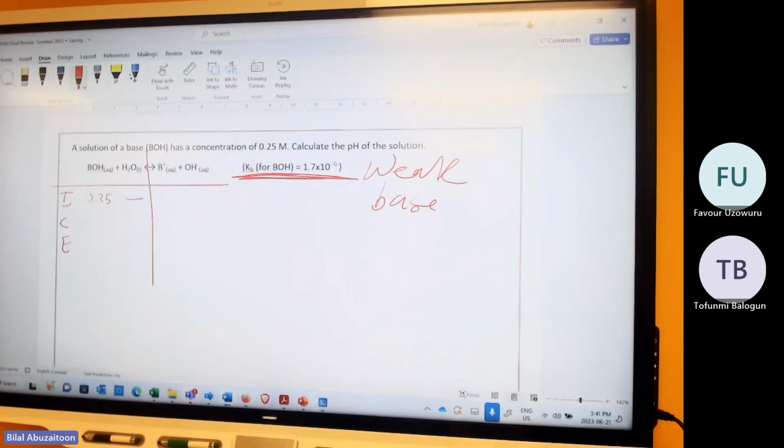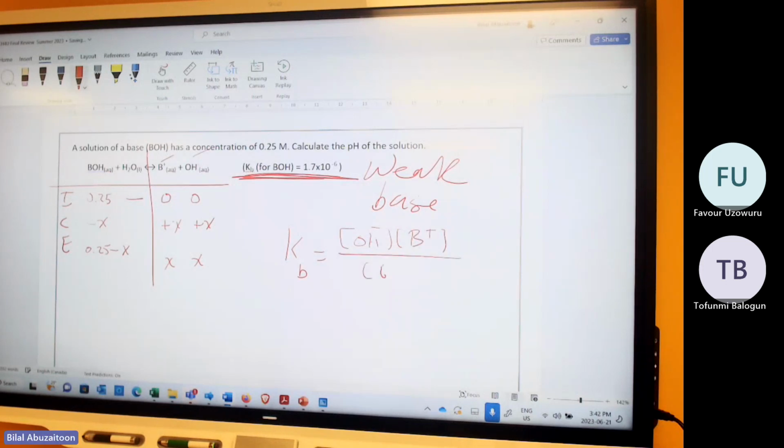The change is minus X, the equilibrium is 0.25 minus X. Here, B plus is 0, plus X, X, and OH minus is plus X, X. Kb equals X squared over BOH.